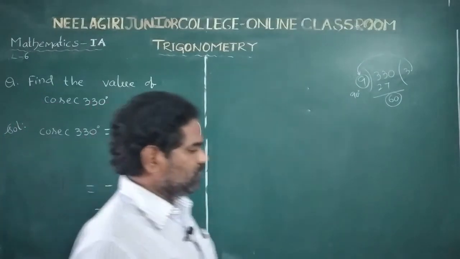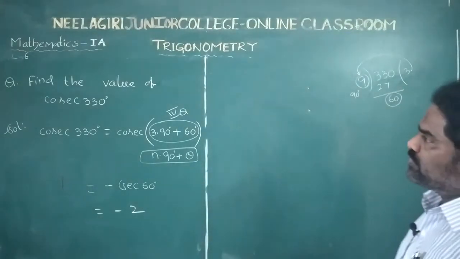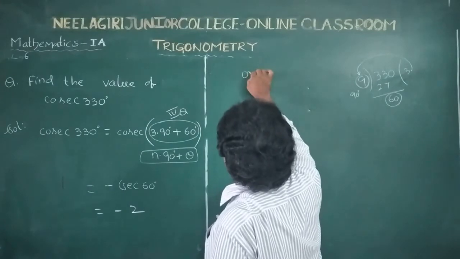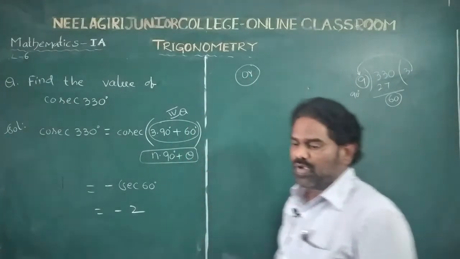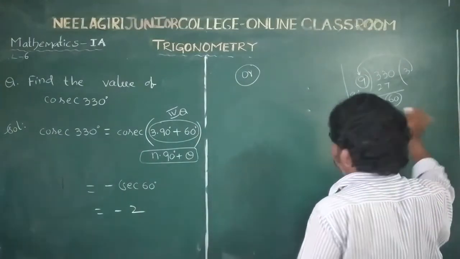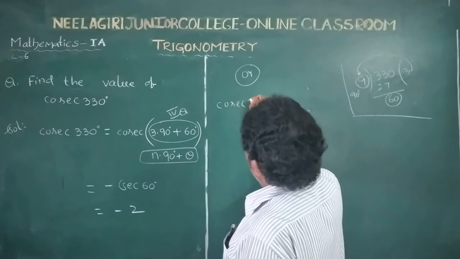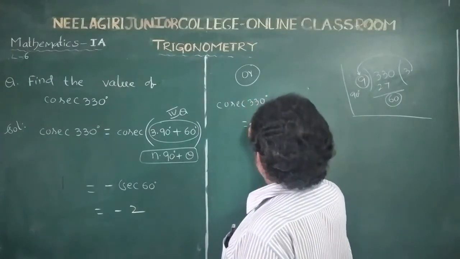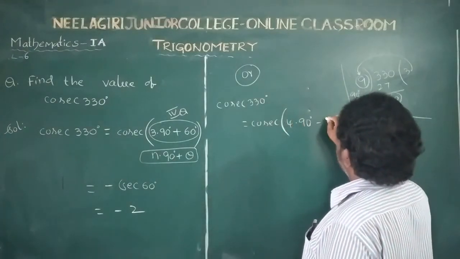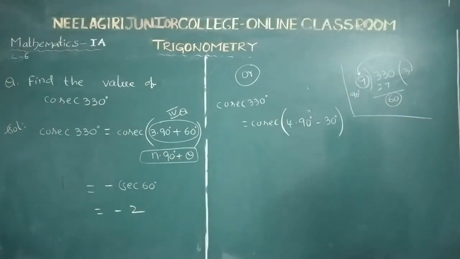One more thing, we can do another method for this same problem, an alternate method. Cosecant 330 can also be taken as cosecant of 4 into 90 minus 30. We can write it like this also. No problem.